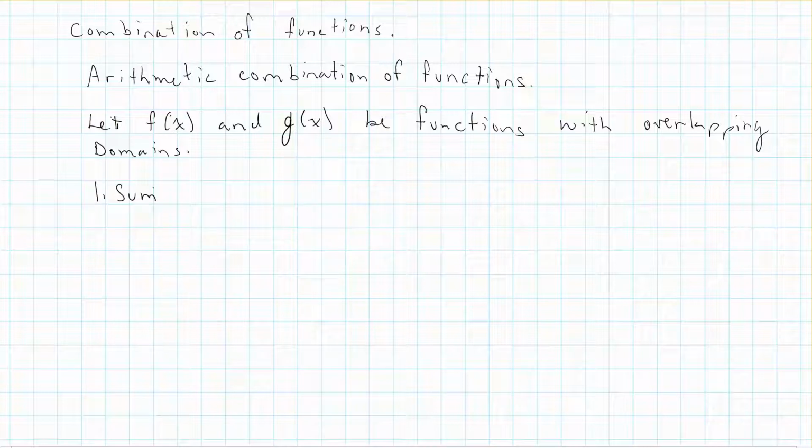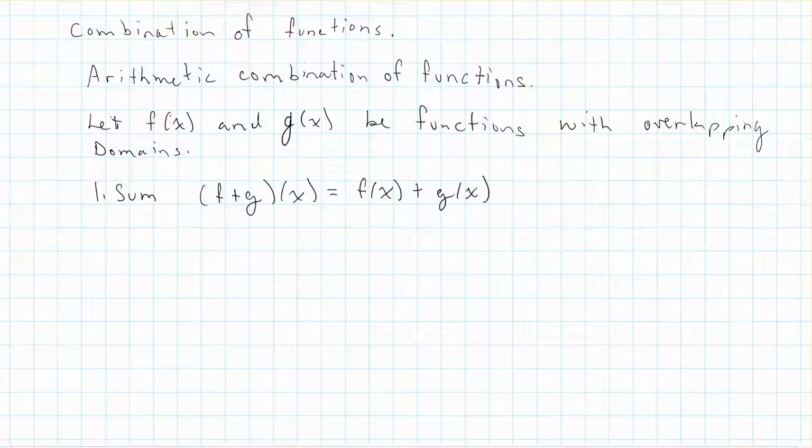You can add functions, and the notation for adding two functions is f plus g in parentheses at x, but we literally just, as you might guess, add the two functions together.